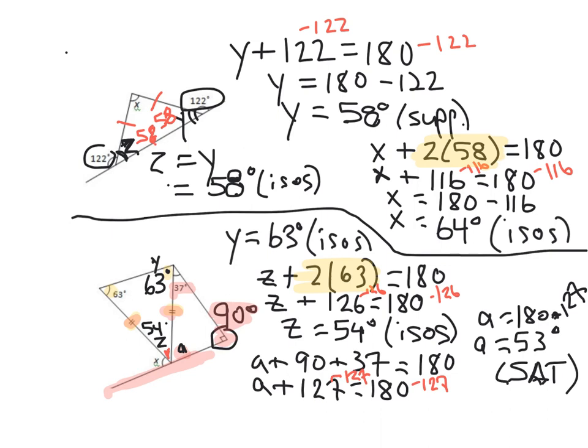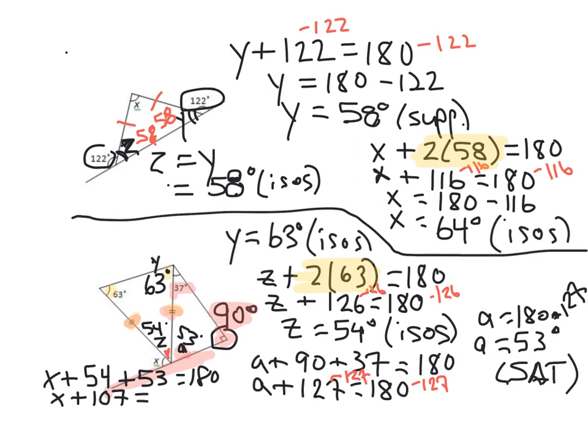So I'm going to come over to the very left side, and I'm going to say, now I know that this is 53. I'm going to say that x plus 54 plus 53, all of those together on that straight line give me 180 degrees.